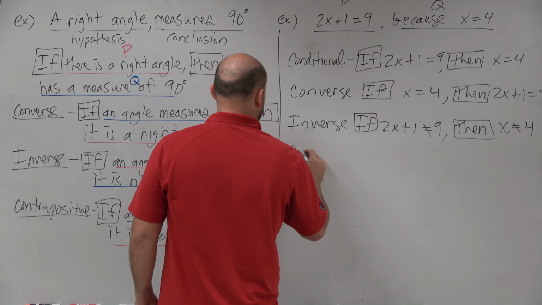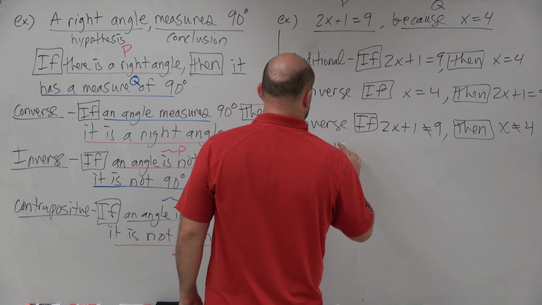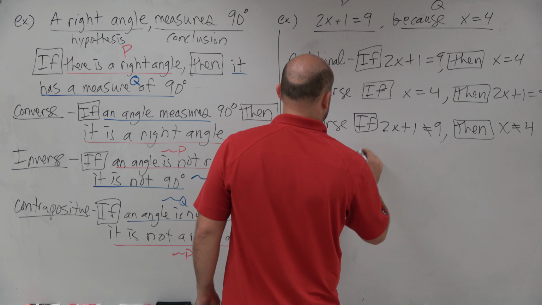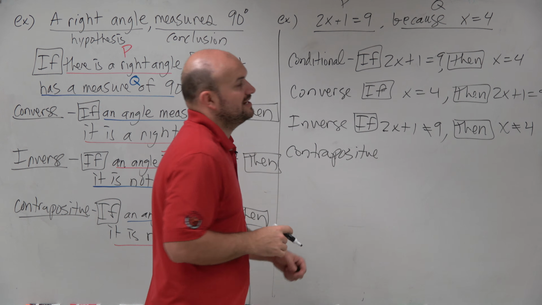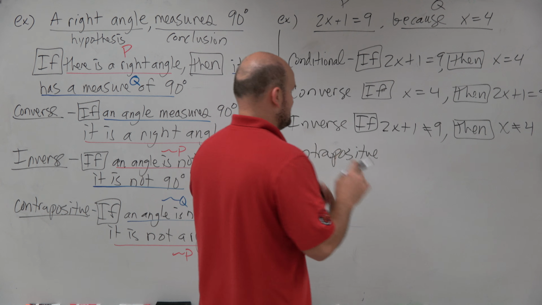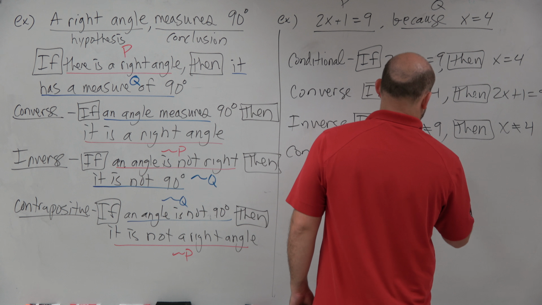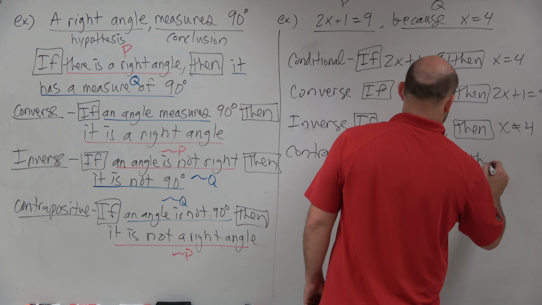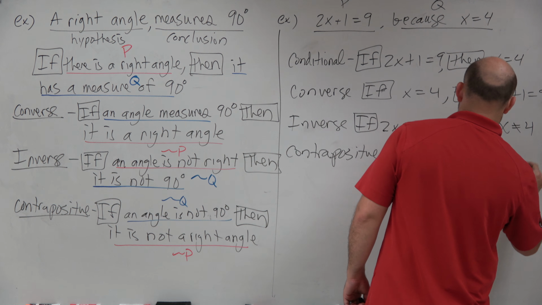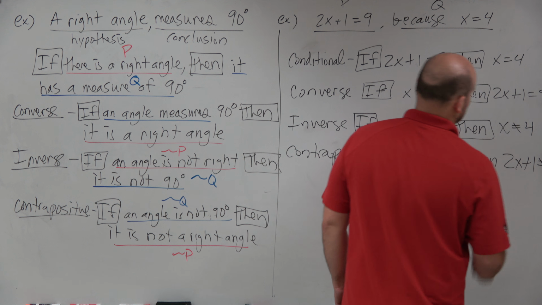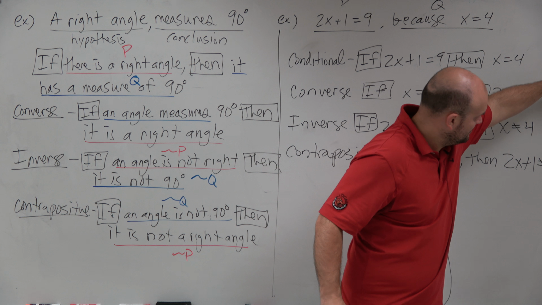And then the last one is the contrapositive, which is, again, if not Q, then not P. So, if x does not equal 4, then 2x plus 1 does not equal 9. And there you go.